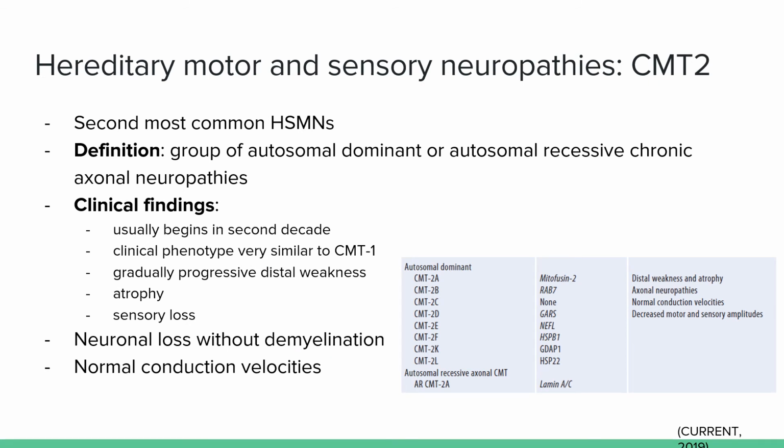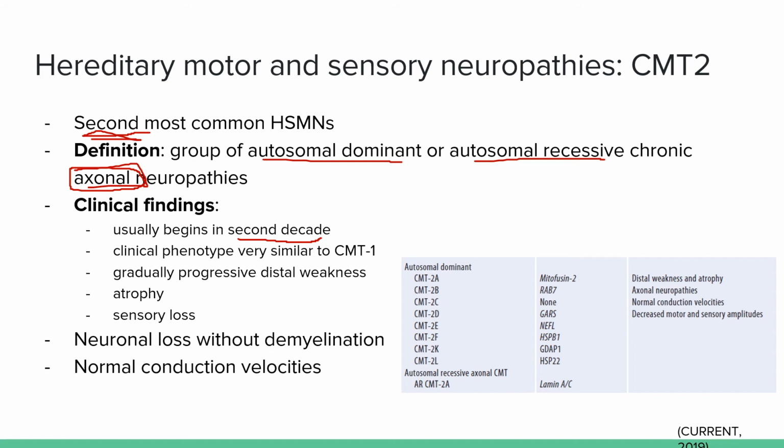Charcot-Marie-Tooth syndrome type 2 is the second most common hereditary motor and sensory neuropathy. It is a group of autosomal dominant or autosomal recessive chronic axonal neuropathies. This is not a demyelinating disease, and the clinical onset is usually in the second decade, with a phenotype very similar to type 1.